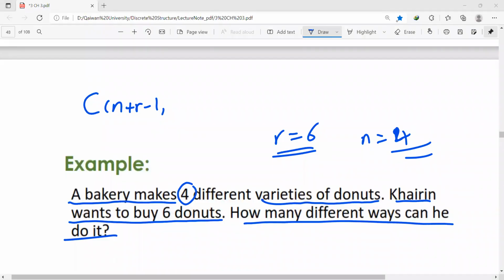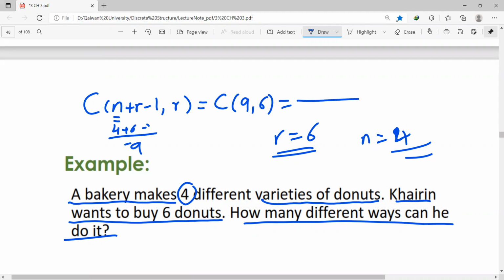We use this rule, C(n plus r minus 1, r). So what's R and what's N? We just replace them by their values. N is 4 and R is 6. It is C(4 plus 6 minus 1, 6), which is C(9, 6).